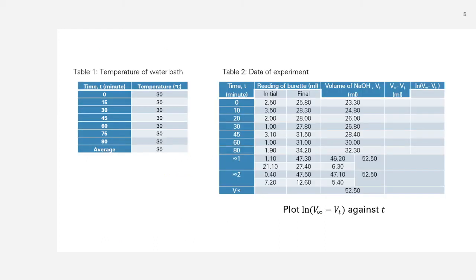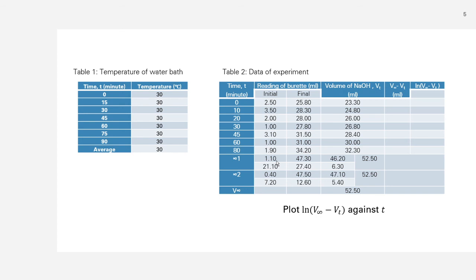Okay, so this is an example data that we have. This is data by students. This particular student measured the temperature of the water bath. As you can see, it's constant at 30 degrees, so that's good. They did the burette reading, so you can see here. This is already calculated. You may want to double check the calculation.